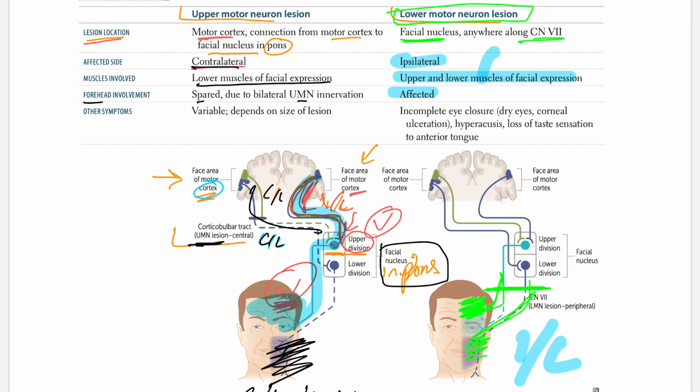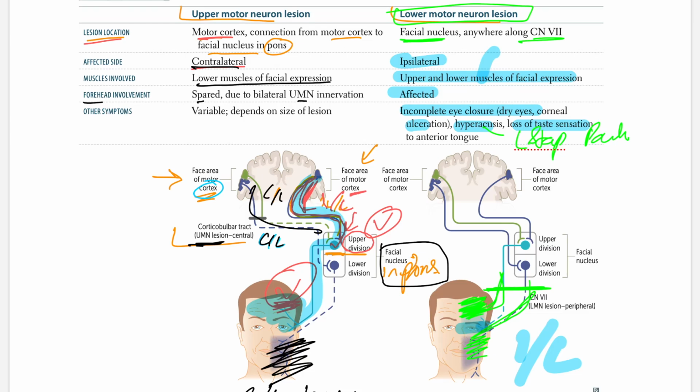Now, symptoms would be you will not be able to close the eyes, incomplete closure of the eye. So you are going to develop dry eyes, corneal ulceration, hyperacusis. It means you will hear normal sound as very loud. Loss of taste sensation of the anterior tongue. And this hyperacusis is all due to stapedial paralysis.